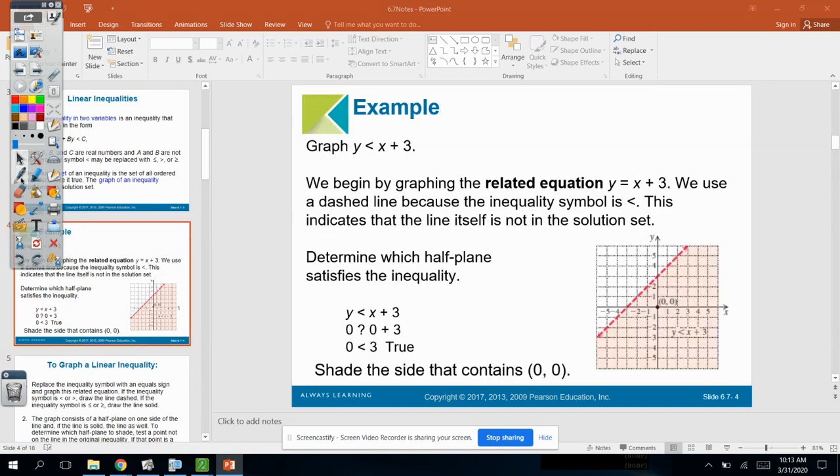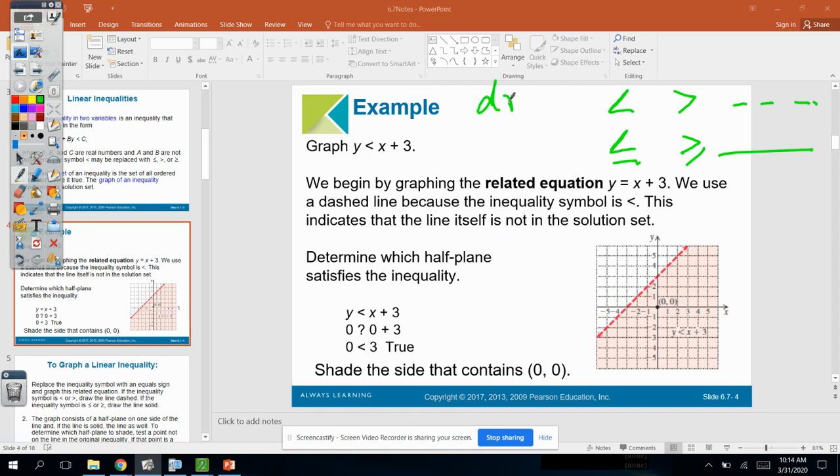So here's what the graph would look like. You first graph what they call the related equation, which is the equal sign one. And you already know how to graph lines, so that's not a big deal. Then the rules are this. If you have a less than or greater than sign, because it does not equal, we graph with a dashed line. You see how this is dashed? If it was a less than or equal or greater than or equal, then you go ahead and do a solid line. So you'll want to write that in your notes.